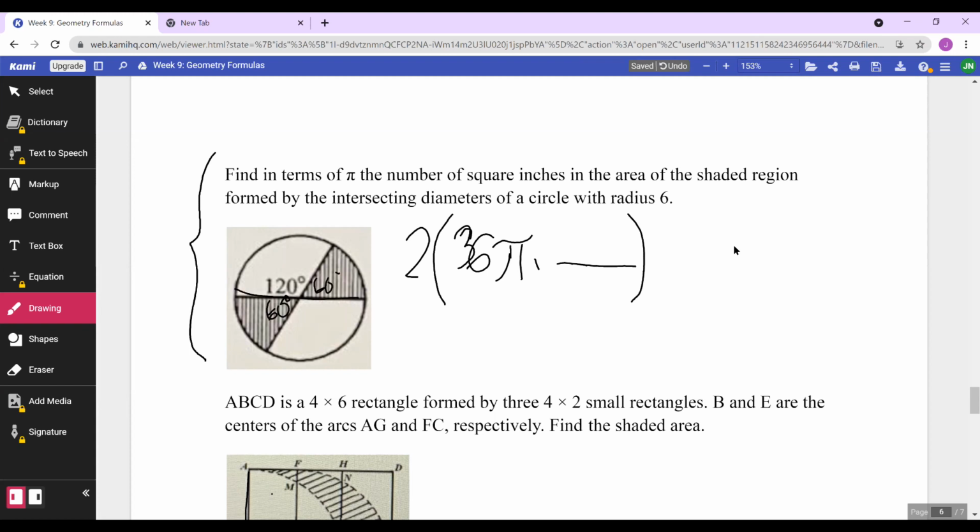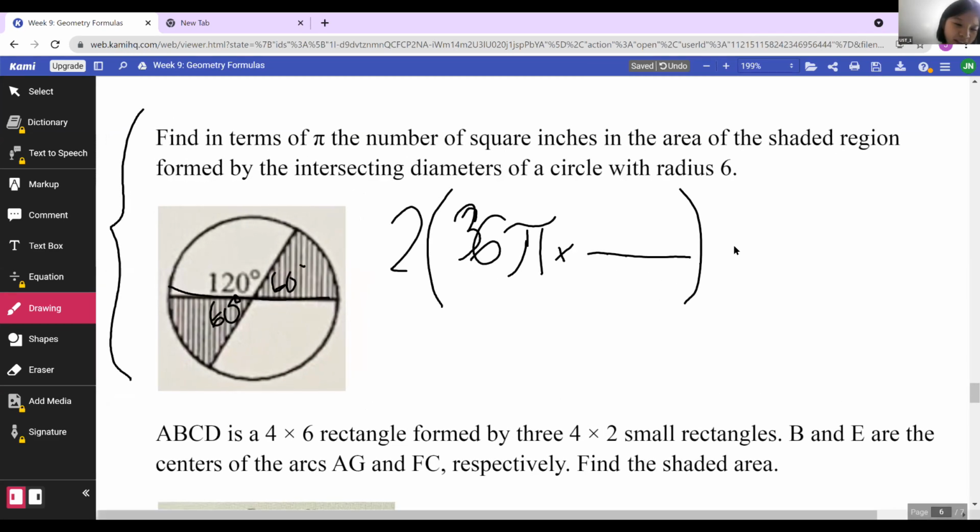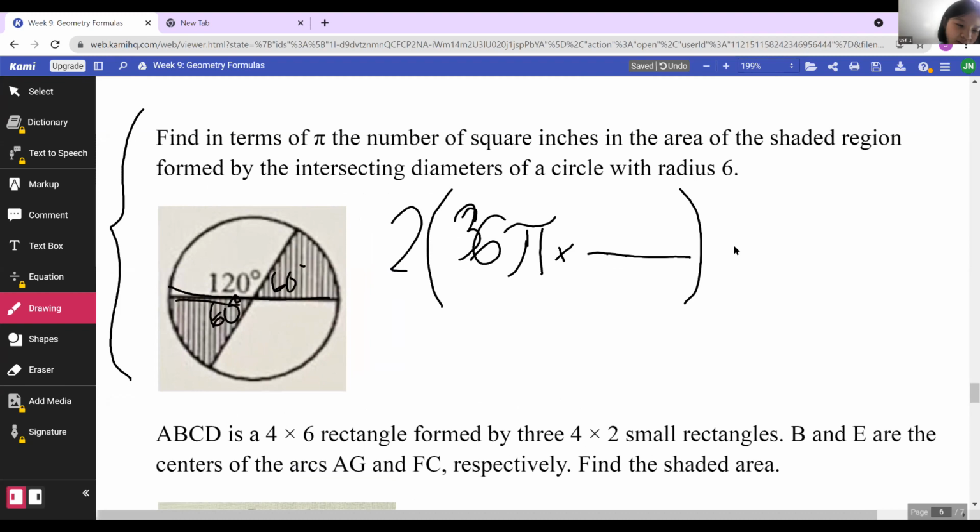So I'm supposed to find the area of the 120 part, and then do the whole area minus that. We're actually finding the area of the shaded part, so that's 2 times the area of the sector, 120.